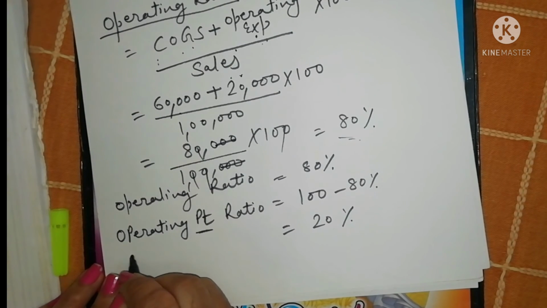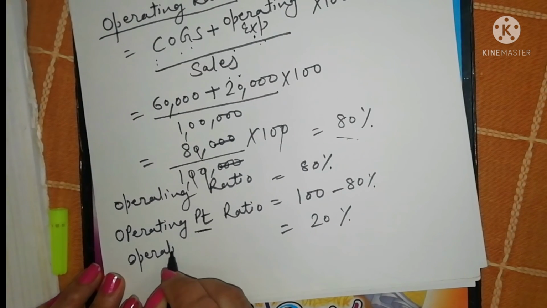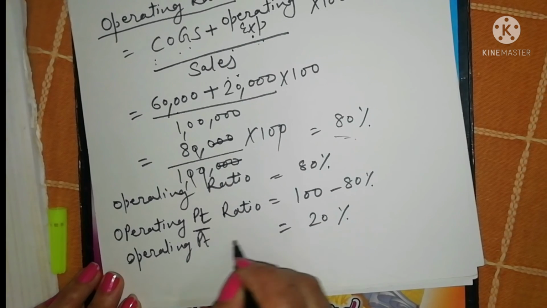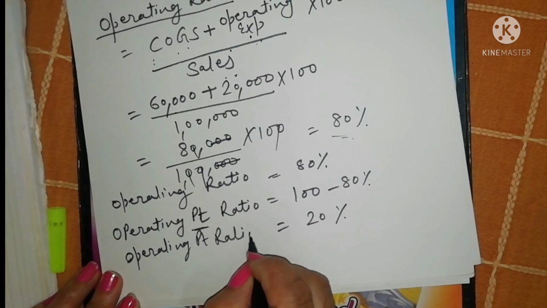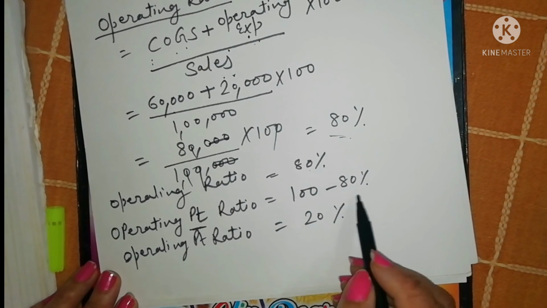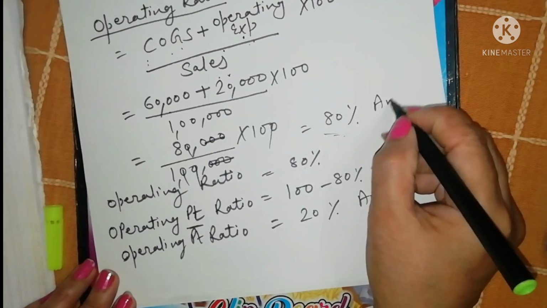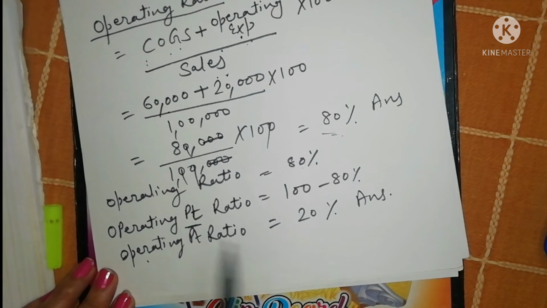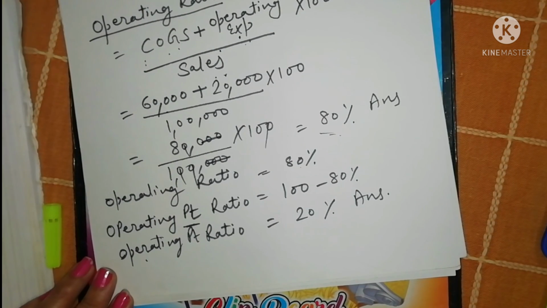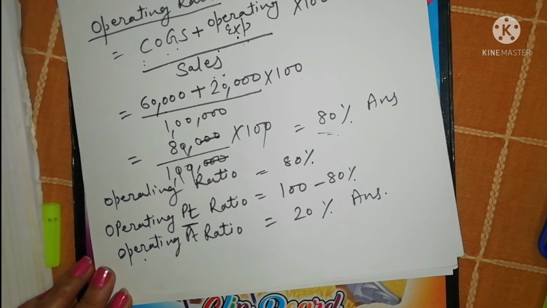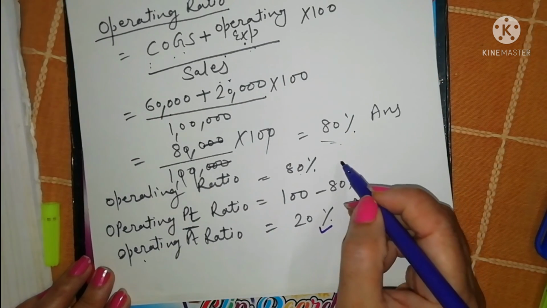Deduct the value of operating ratio from 100 and we will get the operating profit ratio, because profit represents the margin. Out of 100 we deduct the operating ratio, that is 80%, and the operating profit ratio is equal to 20%. So this is our answer. It's very easy to calculate.